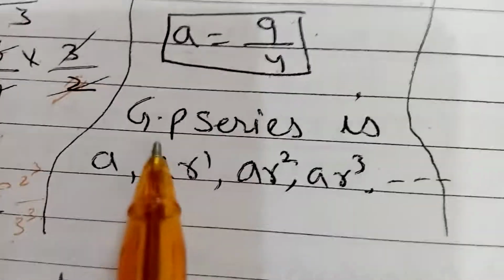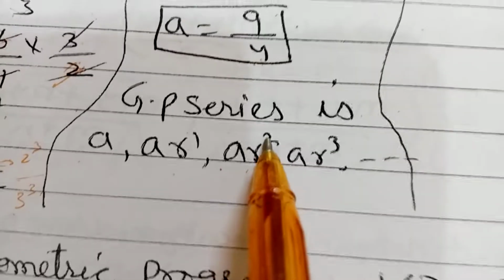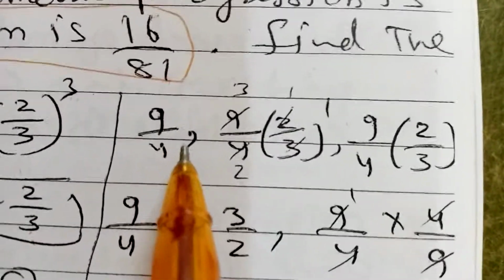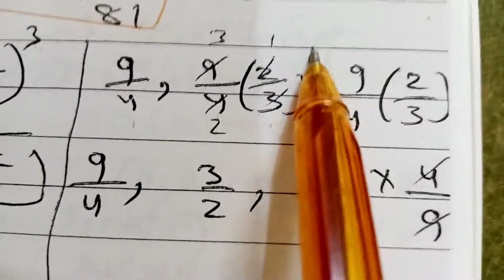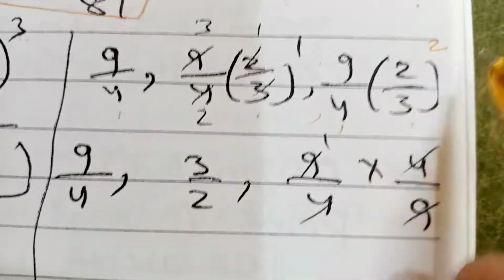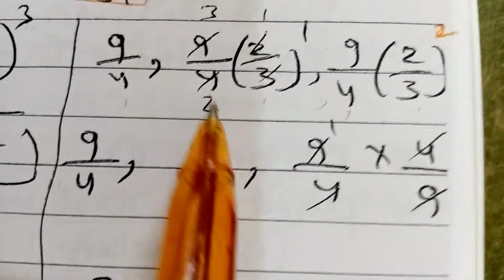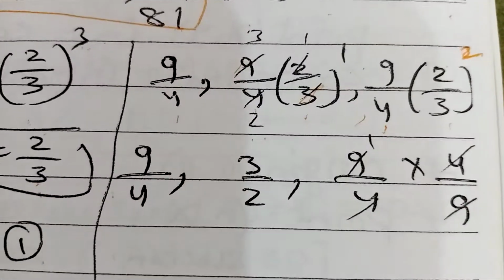Now the GP series is a r to the power of 1, a r to the power of 2, a r to the power of 3. That means 9 by 4, (2 by 3) to the power of 1, comma, 9 by 4, (2 by 3) to the power of 2. So the first term is 9 by 4. 3 ones are 3, 3 3s are 9; 2 ones are 2, 2 2s are 4.